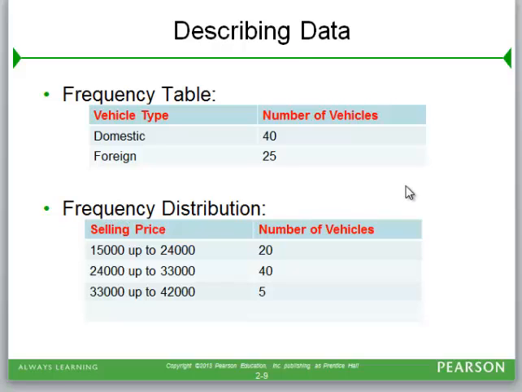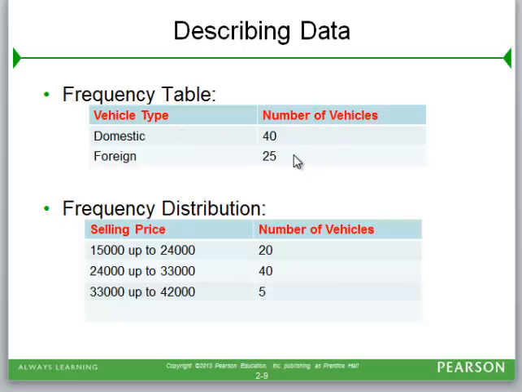For example, we went to the car dealership and collected some qualitative data such as vehicle type and some quantitative data such as the selling prices. And then we can put the vehicle types into mutually exclusive classes on the left and show the number of observations for each class on the right.